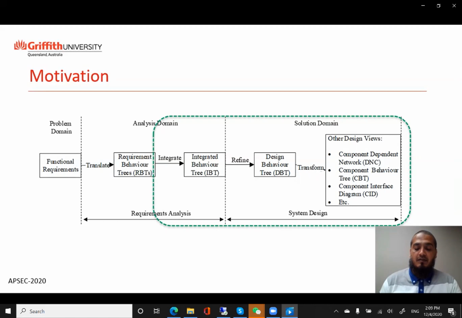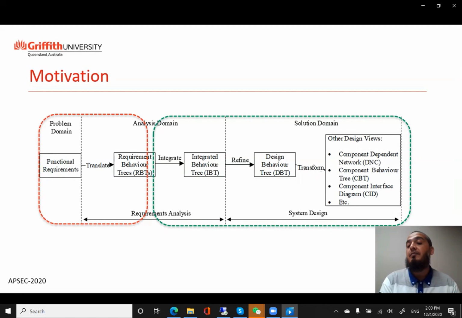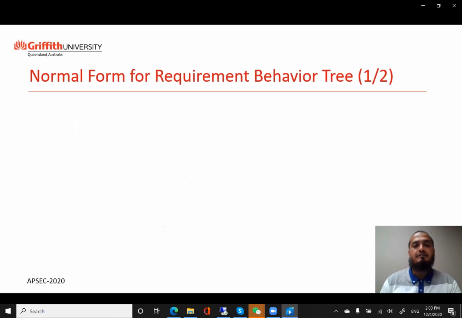But the gap in the previous research is that the process to design the first diagram, which is a requirement behavior tree, from natural languages is still an open question. How can we formalize this process? How can we minimize the problems we face while making a transition from natural languages to semi-formal languages? In this research, we try to address this research gap. So this is the motivation of our research.